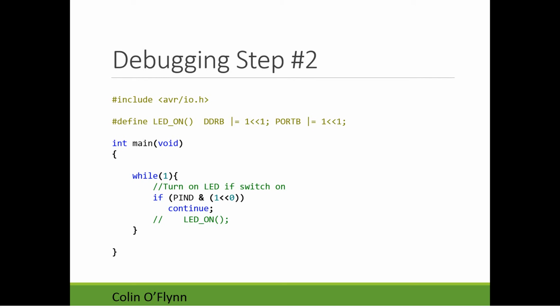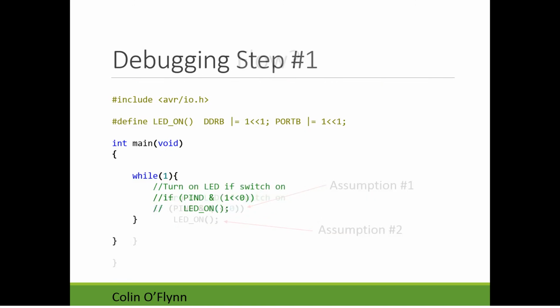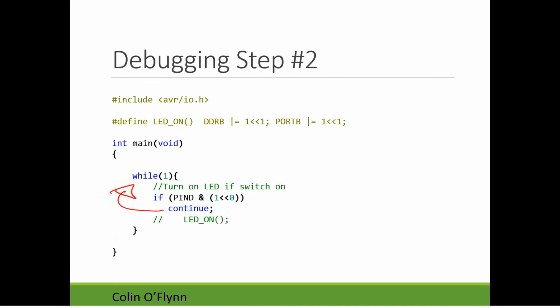All I've done is add this continue statement, which means the loop will keep going. I'm just trying to get back to the stage where, when I power it up, that LED does this weird half turn on. So something's amiss here. And if I do this, it again works fine. The LED never turns on, so that LED on call doesn't happen.